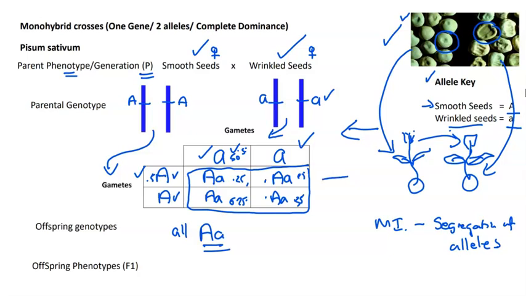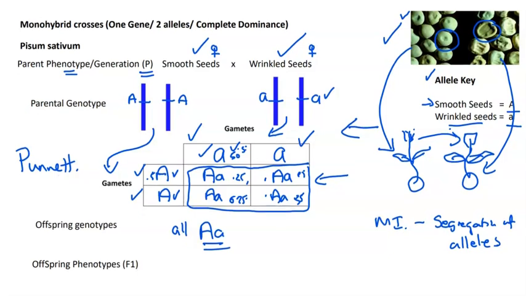So these boxes here represent the probability or the frequency of the genotype that we would get from the fertilization with these gametes. You perhaps know that this grid is named after Robert Punnett, who was an early geneticist in the early 20th century.